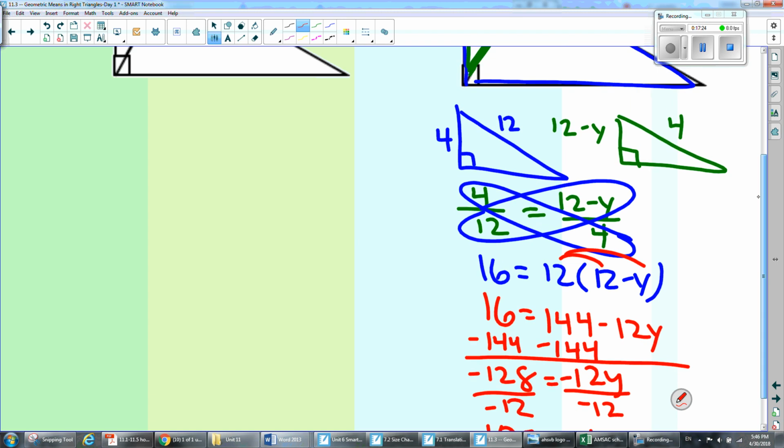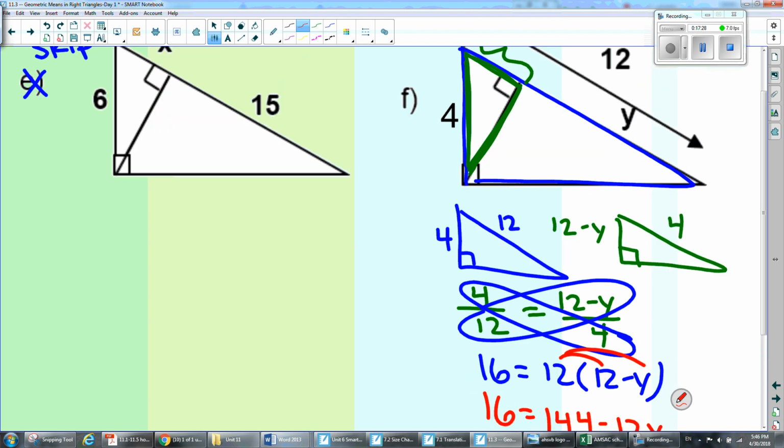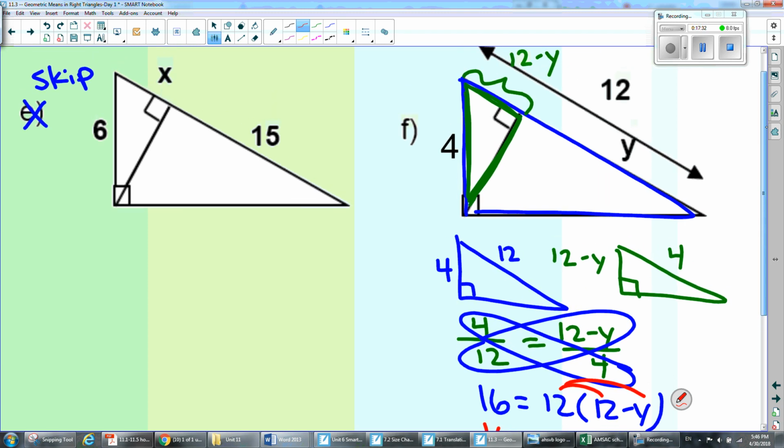So we skipped E. I'm just going to use it to summarize for those of you who are still having some questions. You can always set up 3 triangles. If that's what helps you and you have to narrow it down to 2, go for it. I see the triangle in red. I see a small triangle. Here's that same small triangle.